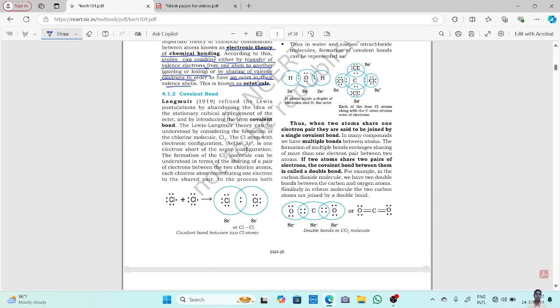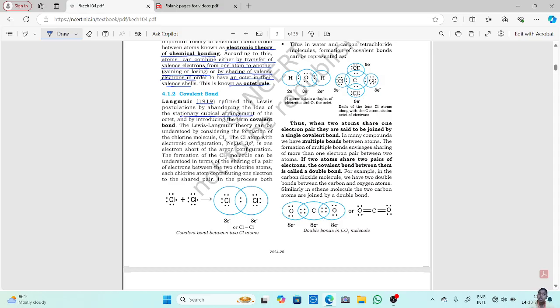Now, Langmuir in 1919 refined the Lewis postulations by abandoning the idea of the stationary cubical arrangement of the octet and by introducing the term covalent bond. What Langmuir did was refine the Lewis postulations, and in that he cancelled the idea of a stationary cubic arrangement.